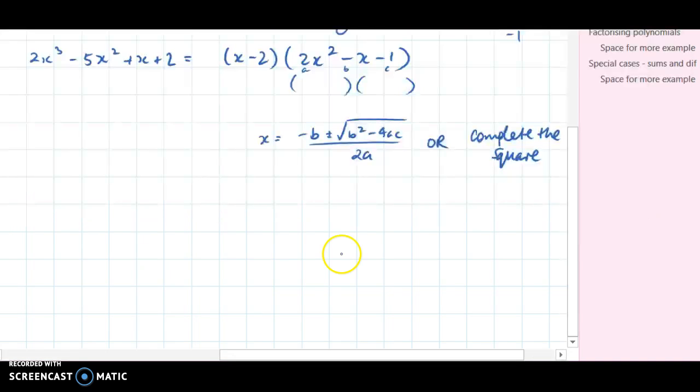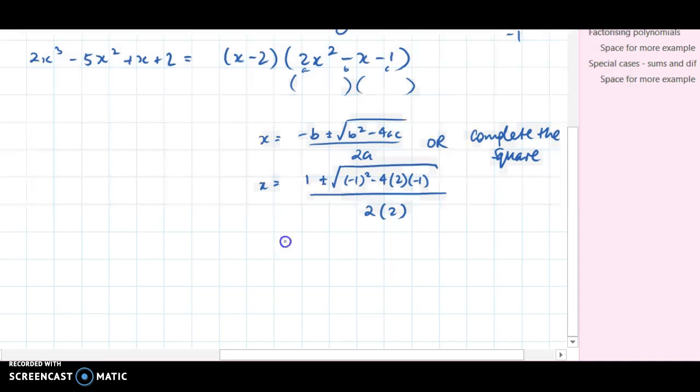So x equals minus b, which is 1, because minus -1 is positive 1, plus or minus the square root of b squared minus 4ac, over 2a. Okay, so x equals 1 plus root 5 over 4.